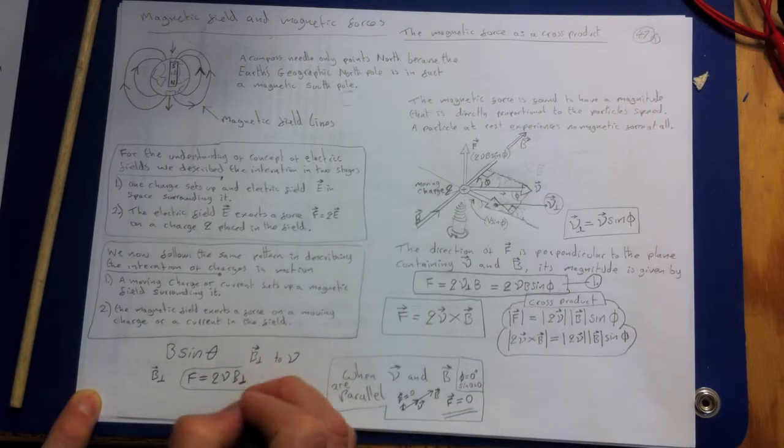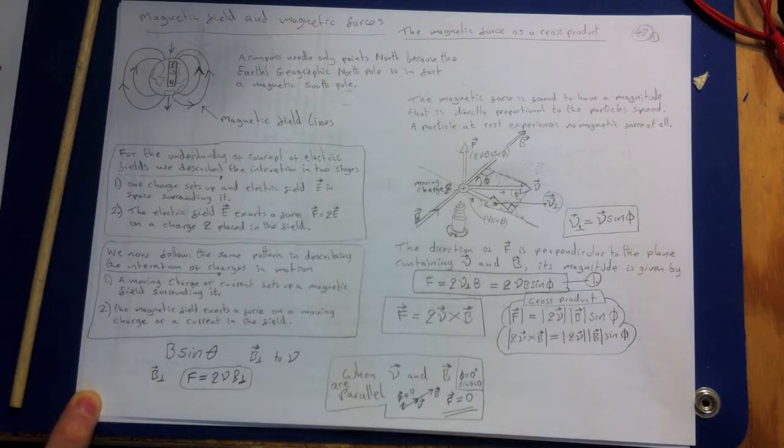So that's another way of writing it, although equivalent to this equation here. This form is sometimes more convenient, especially in problems involving currents rather than individual particles. We discuss forces on currents in conductors later on.